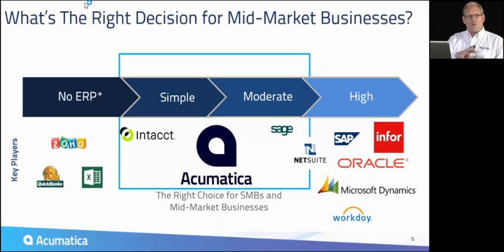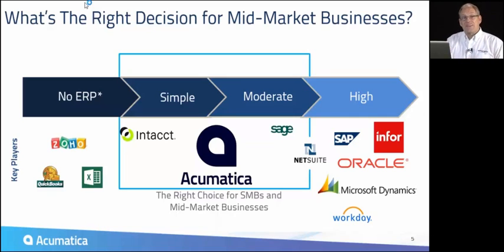So then if you look at where all these applications map in, where does Acumatica fit? Well, we believe Acumatica fits squarely in for those organizations who are moving towards the upper level of the simple business process complexity and at the lower to midpoint of the moderate business process complexity.